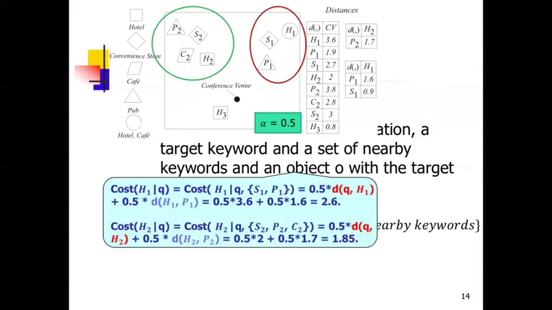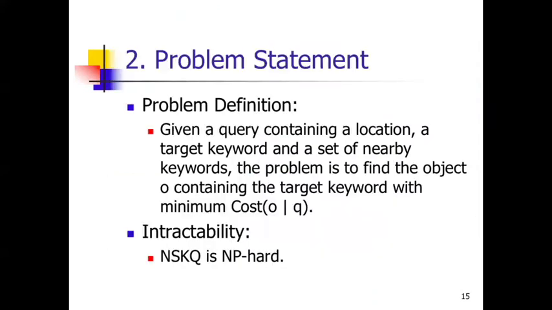In this example, the cost of H1 given Q is the cost of H1 given Q and S1, P1, which is 2.6, and the cost of H2 given Q is the cost of H2 given Q and S2, P2, C2, which is 1.85. Thus, the optimal solution is H2.